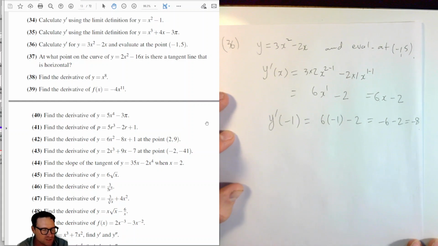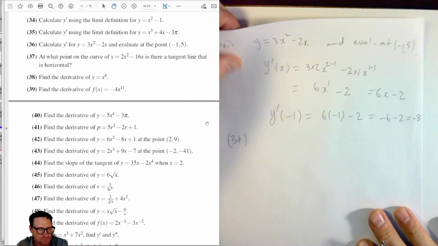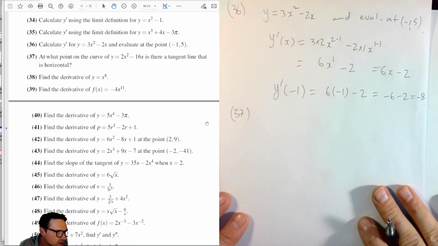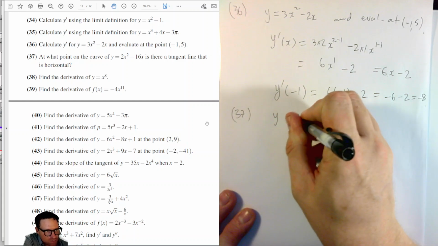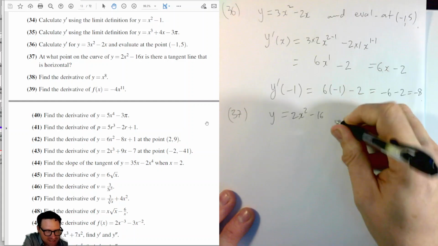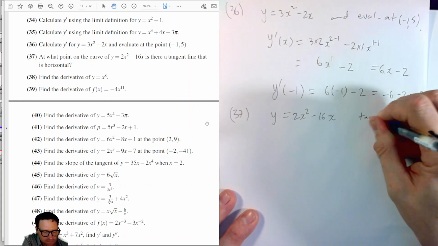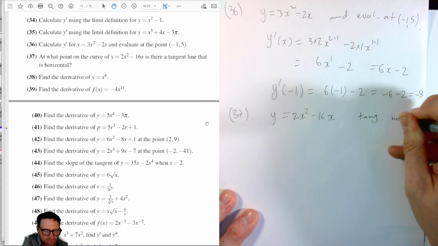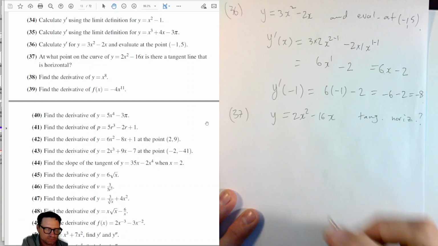All right, let's move on to question 37. At what point on the curve y equals 2x squared minus 16x is there a tangent that is horizontal? Okay, so when is the tangent horizontal?